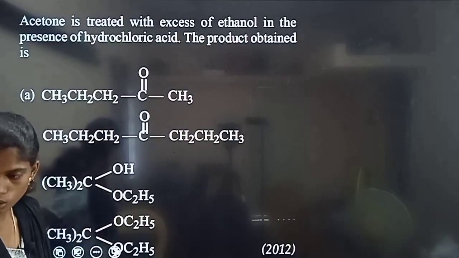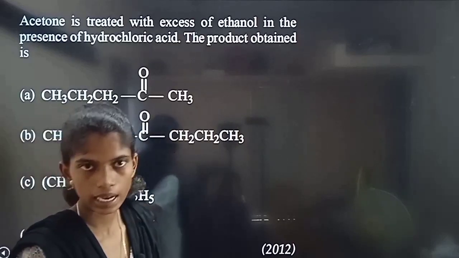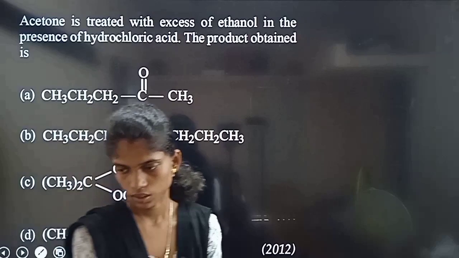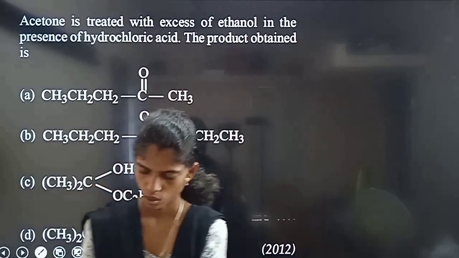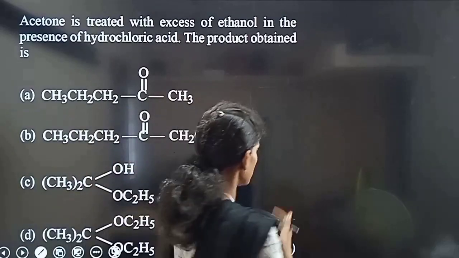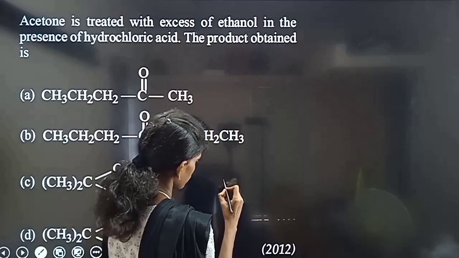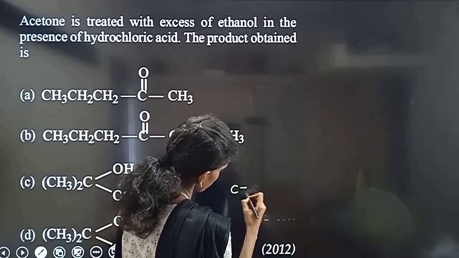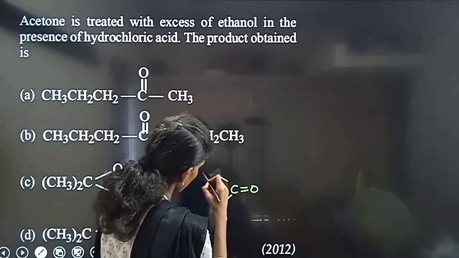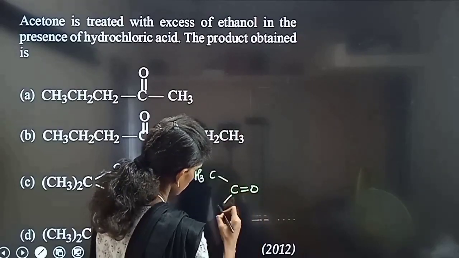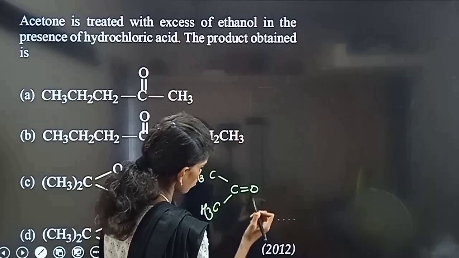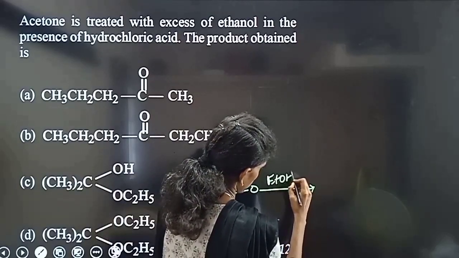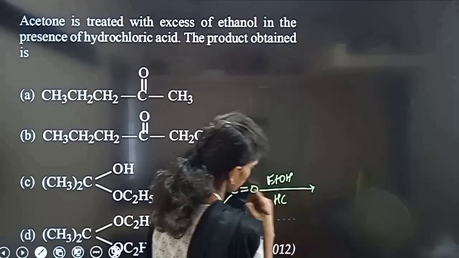Acetone is treated with excess of ethanol in the presence of hydrochloric acid. The product obtained is, okay, so acetone is treated with ethanol, EtOH, in presence of HCl.